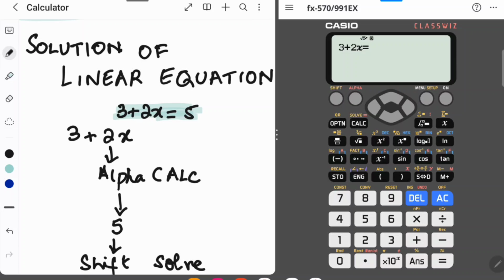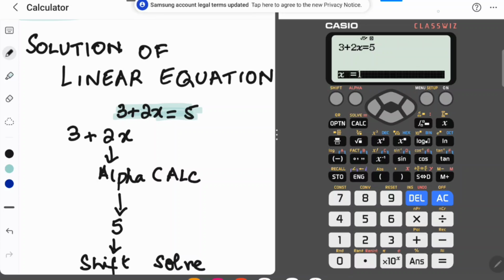All right, and then write down 5. For finding the answer, you have to do shift solve, shift and then this button solve. You get x equals 1. When you put x equals 1, 3 plus 2 times 1 equals 5.